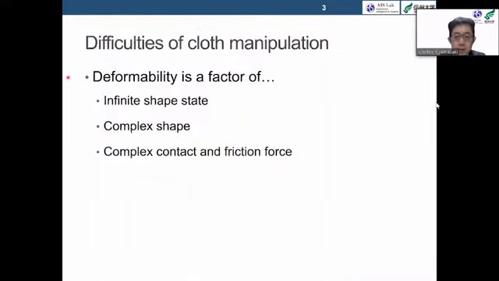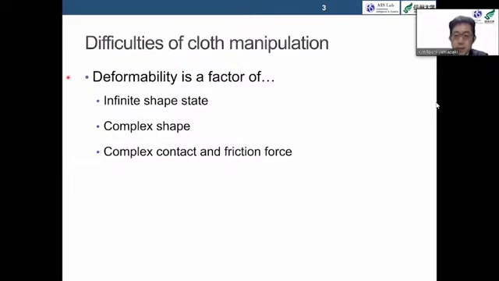After the work I've just introduced, I began to try to achieve more complex manipulations than just detecting and grasping. On the other hand, I also realized that there are many difficulties in manipulating a cloth with a robot. What I talk about should go without saying for everyone here, right? A cloth is a deformable object.